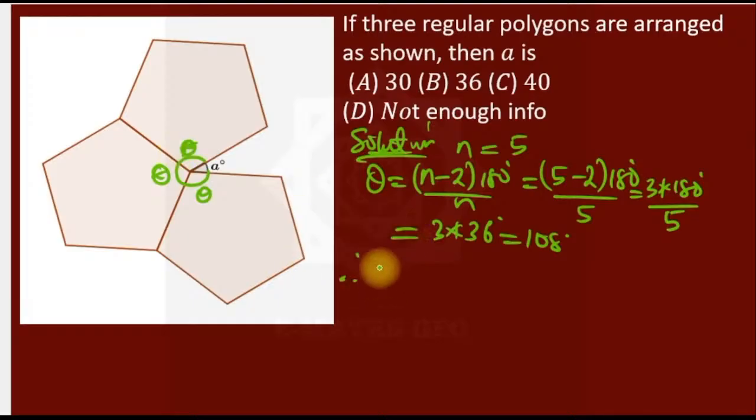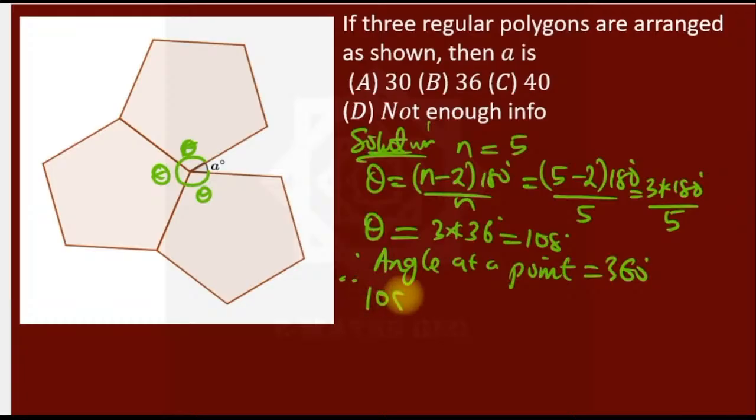Therefore, if we sum the angles at a point, it is 360, meaning each of them theta. So we have 108 plus 108 plus 108 plus A is equal to 360. 108 plus 108 plus 108 is times 3: 3 times 8 is 24, and that's 324.